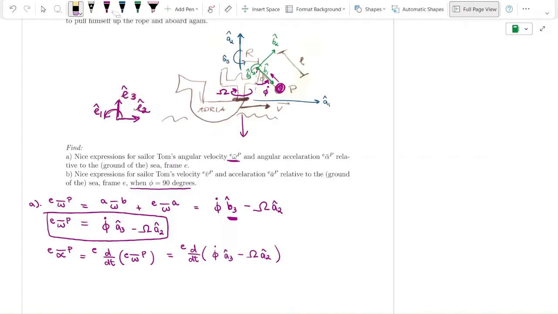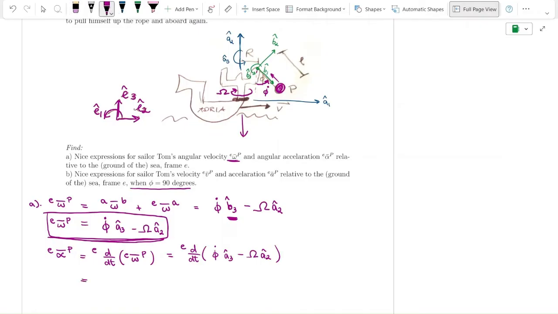The angular velocity of the B frame with respect to the E frame is this whole thing, but the angular velocity of the A frame with respect to the E frame is just one term. So this will make my life easier when I do the BKE. So you probably want to write everything in terms of one frame, as is shown here.